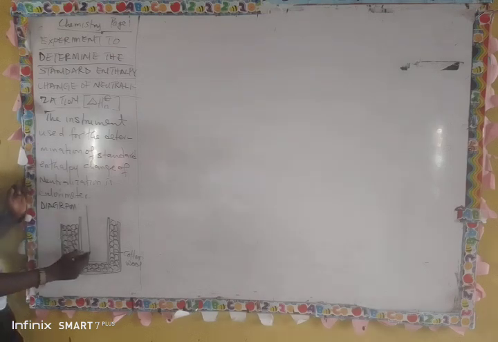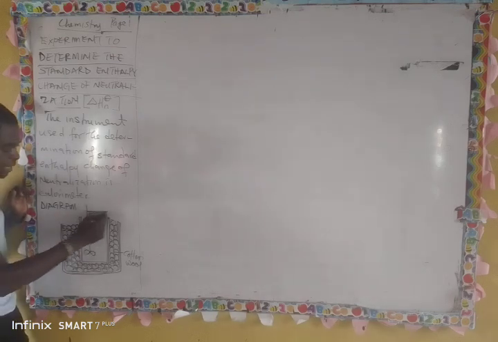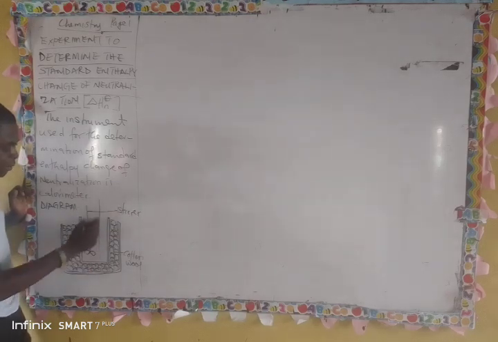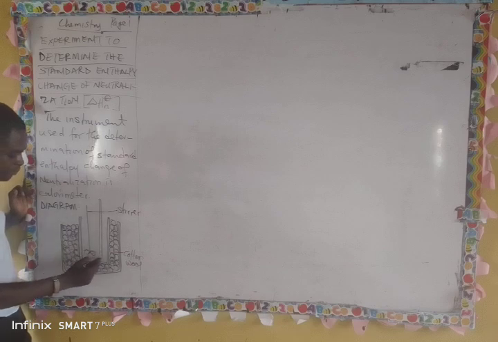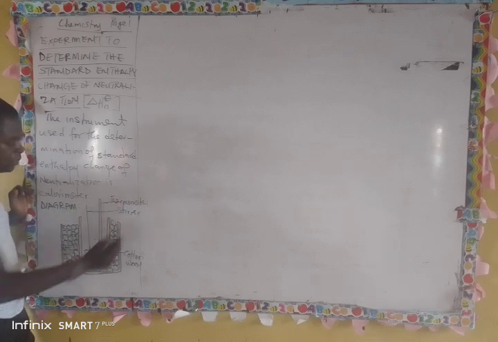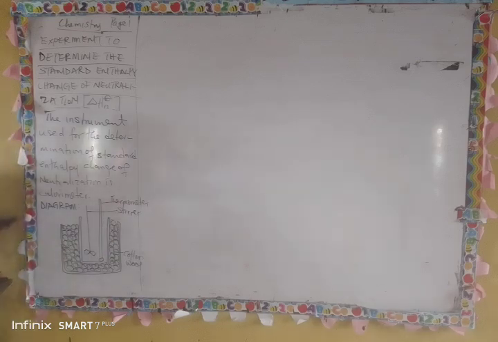Then you need a stirrer. I'm going to use a glass rod for that purpose. And you need a thermometer. So this is a thermometer. What we have here is a diagram of a calorimeter.